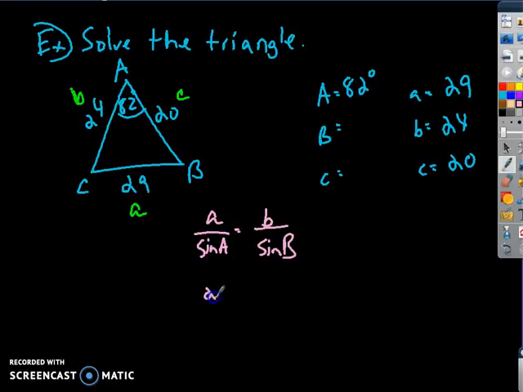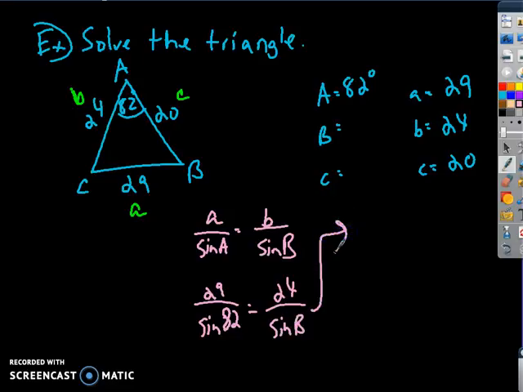So I should have 29 over sine of 82 equal to 24 over sine capital B. In this case, we're looking for an angle. All right, so cross multiply. If you cross multiply there, you should wind up having 29 sine of B equals 24 sine 82.